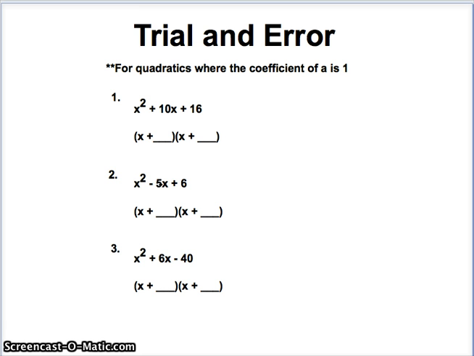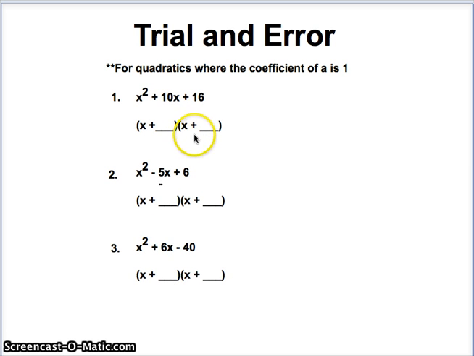Let's look at the first example. In this example, we will be looking for two numbers which multiplied together equal 16 and when added together equal 10. Let's begin by looking at the factors of 16.